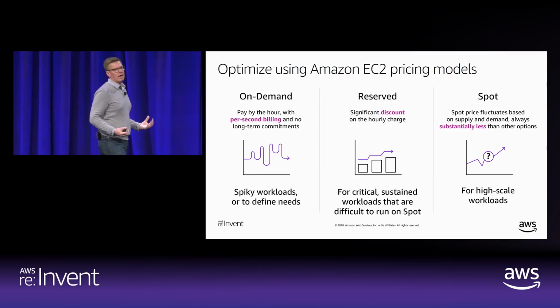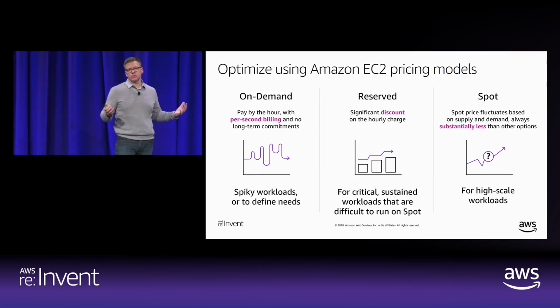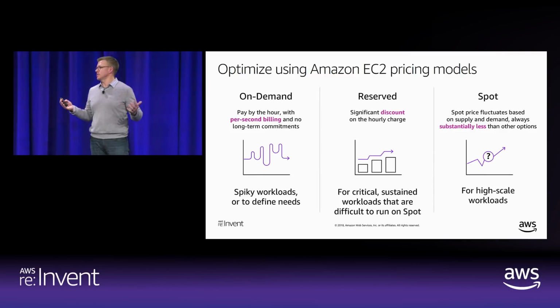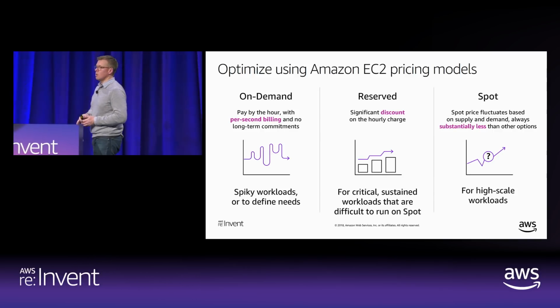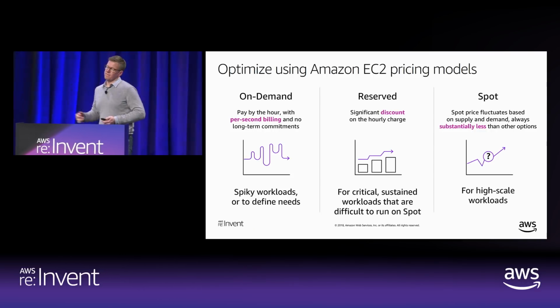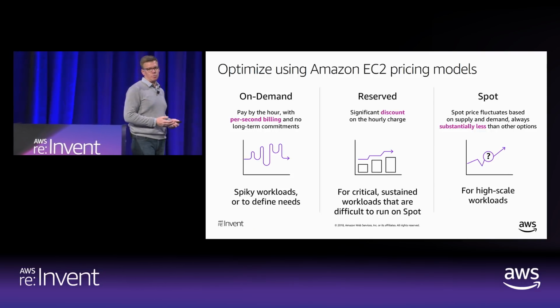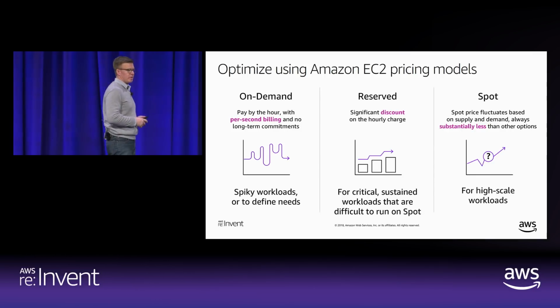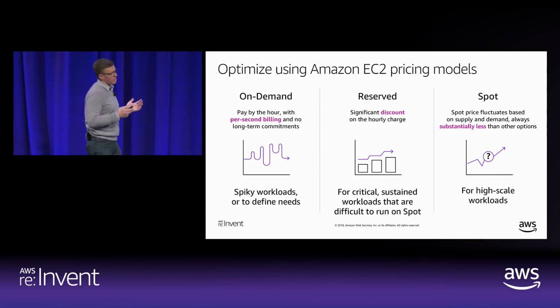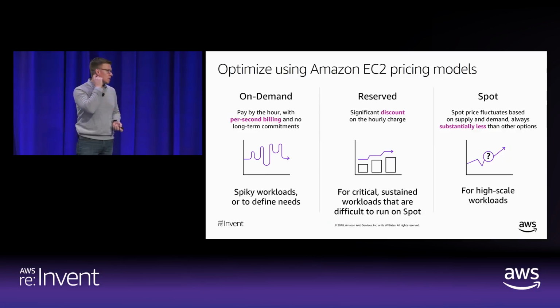We see a lot of value in being able to run a regression that has 10,000 tests anytime you want. You don't wait for overnight. You don't wait for the weekend. If you need to do it at 2 p.m., you do it at 2 p.m., and you get your results back so that you can debug at 3 p.m. So on-demand is key for us, and we use Batch for the orchestration of that.